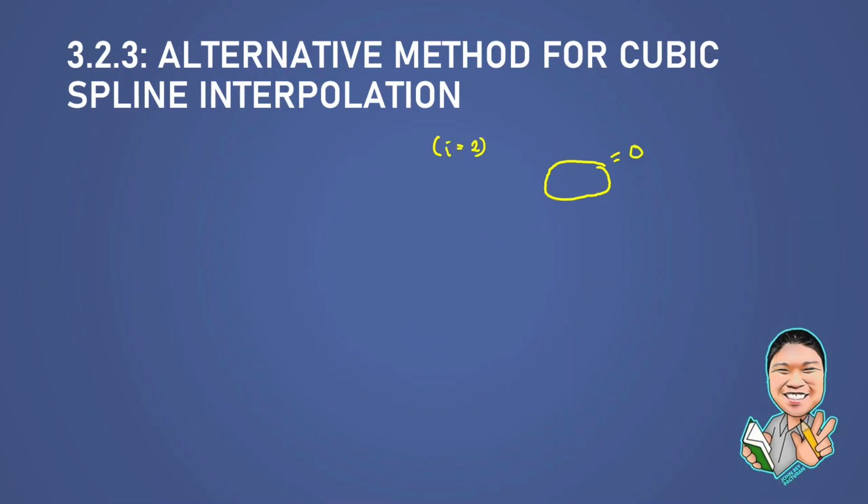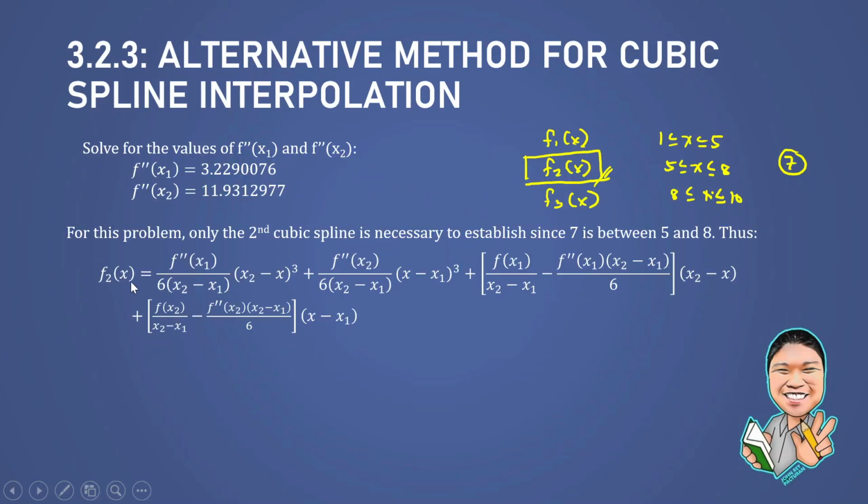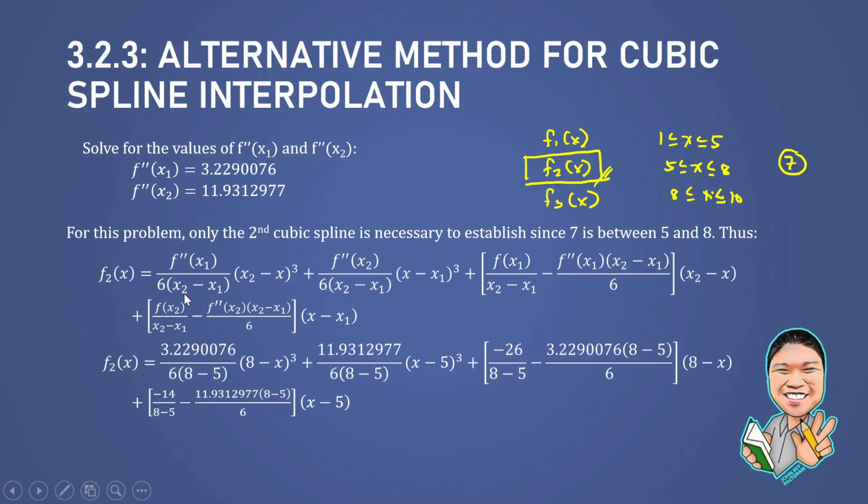Ito na lang yung ating ano. So, ito na yon. So, f2 of x is equal to this function. So, ngayon, ang gagawin nyo na lang, do not forget na isa-substitute lang natin yung f double prime x sub 1, is ito siya, 3.2290076 all over 6.